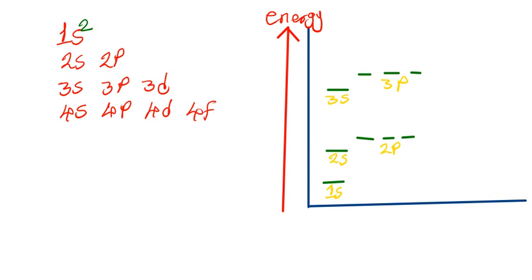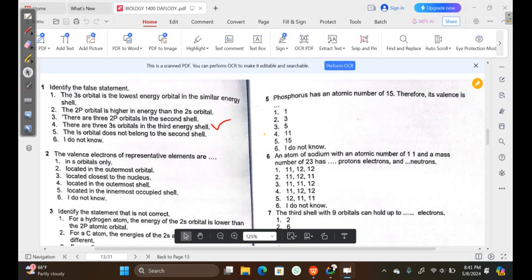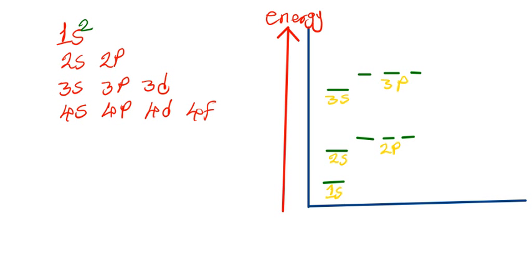So if we were to go back to option 3, which you were not clear on: option 3 was saying that there are 3 2p orbitals in the second shell. So we have 2p here.